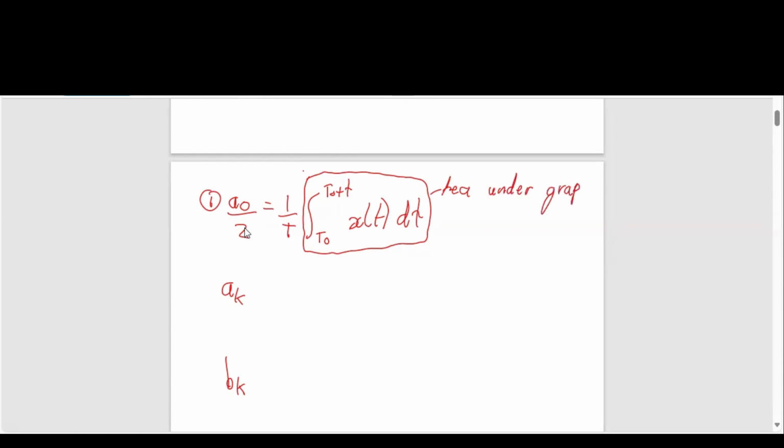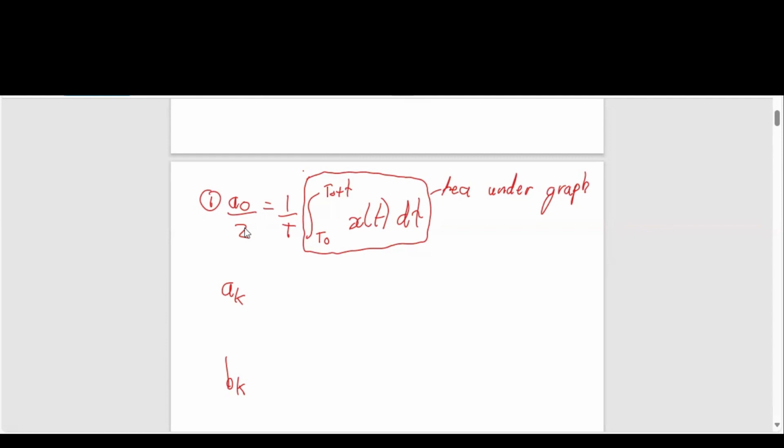You don't need to integrate all the time. If you notice it falls under shapes that you memorized the area equation for, just use that equation and get the answer. Then multiply by 1 on T after you do that. So this integration piece is just area.